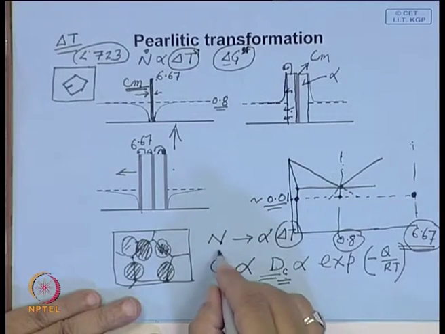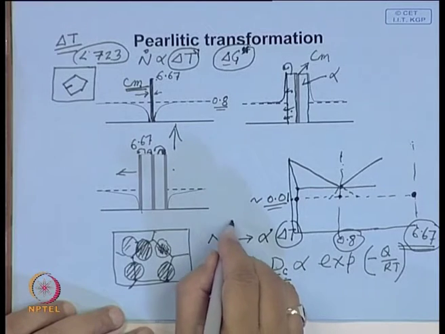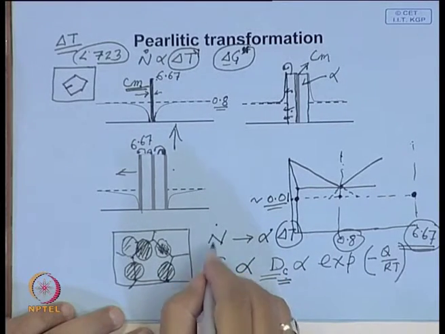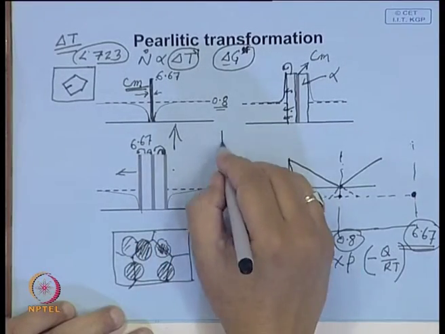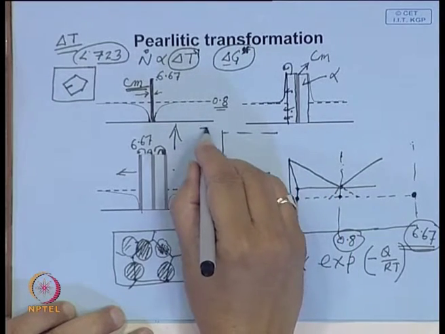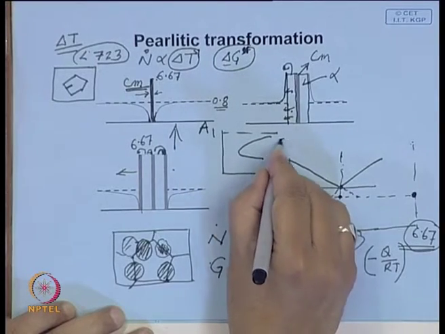So, this growth will be primarily determined by the diffusivity of the carbon atom, and as the temperature goes down, growth becomes slower. So, that is why there is an optimum combination of nucleation and growth where the reaction is fastest, and that happens near the nose of the TTT diagram. So, this is your equilibrium A1 temperature, and we have seen this diagram is like this.